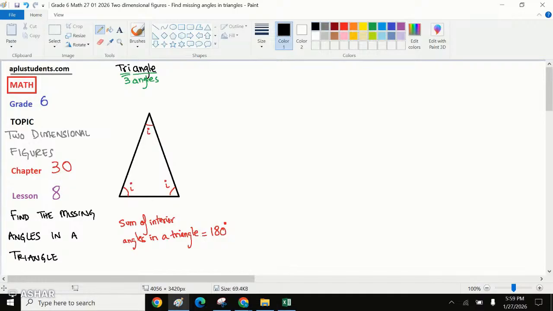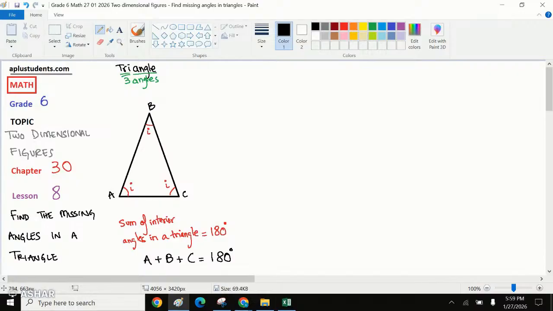So we can say if we label these angles as A, B, and C, A plus B plus C would always be equal to 180. It cannot exceed.